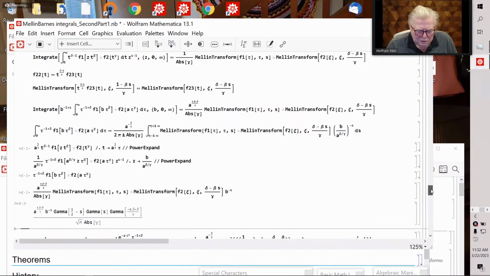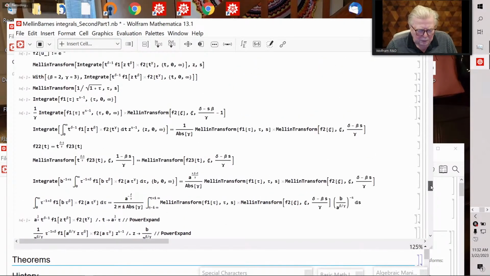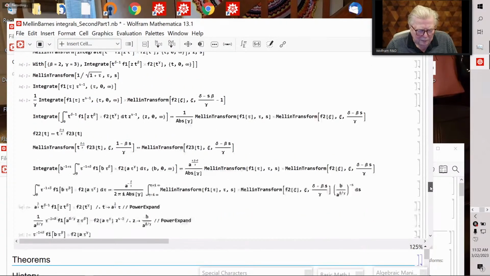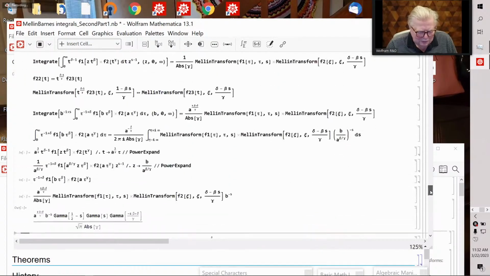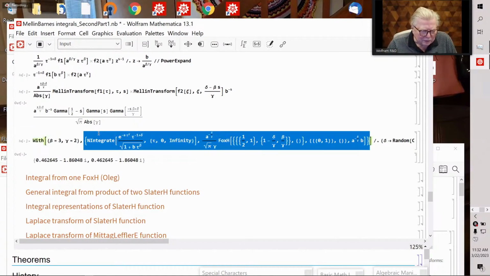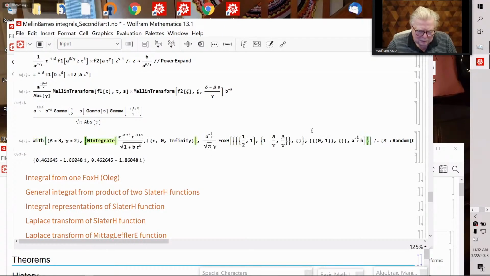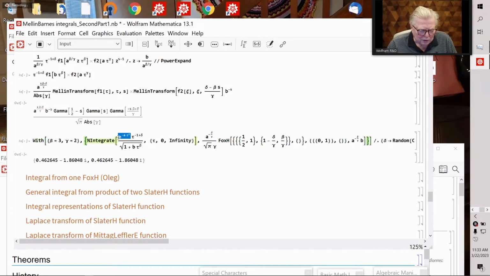Maybe I understood what happened. It's a technological problem. The big formula disappeared during some manipulations, but here I gave a result example, the evaluation of an integral from a product of two functions.